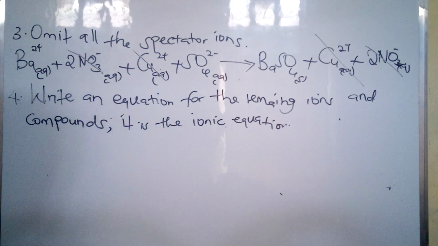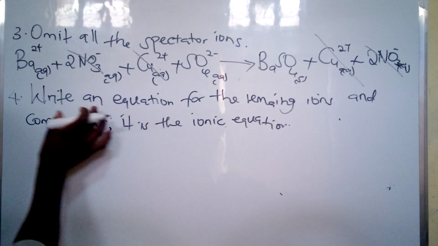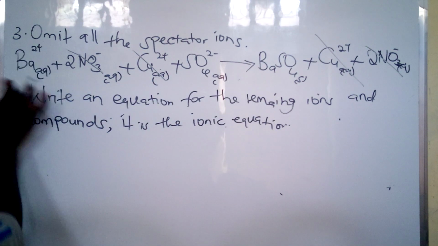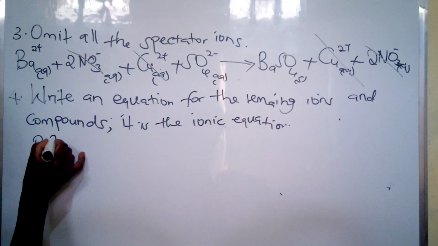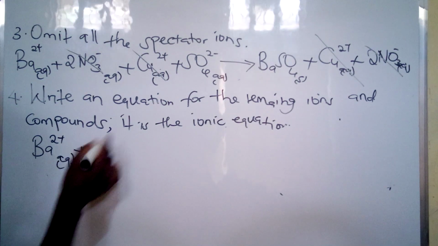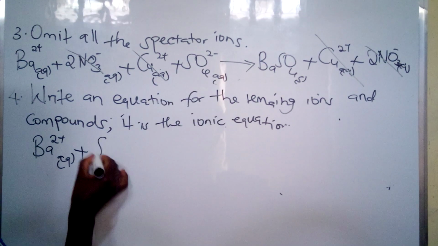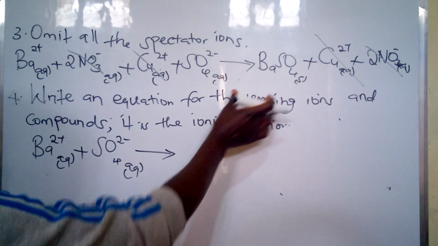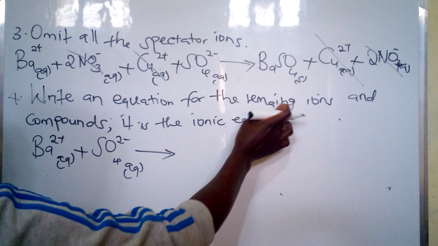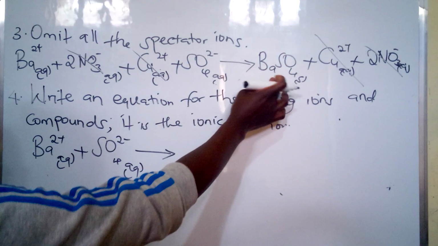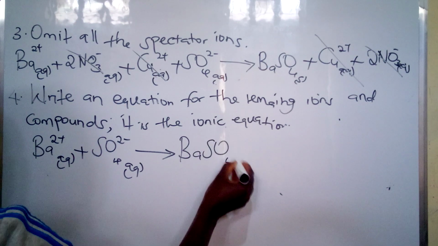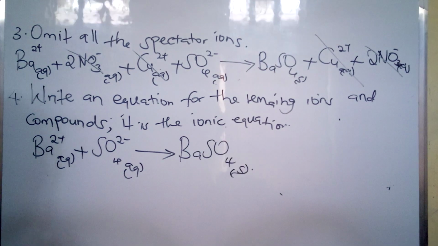So in this case, we've remained with barium, so we have been asked to write an equation for the remaining ions. In the reactant side, we've remained with barium ions. So we have barium 2 plus aqueous plus the sulfate ions aqueous. And in the product side, we've remained with a compound. The compound that we've remained with is barium sulfate solid. So that is how we write ionic equations.